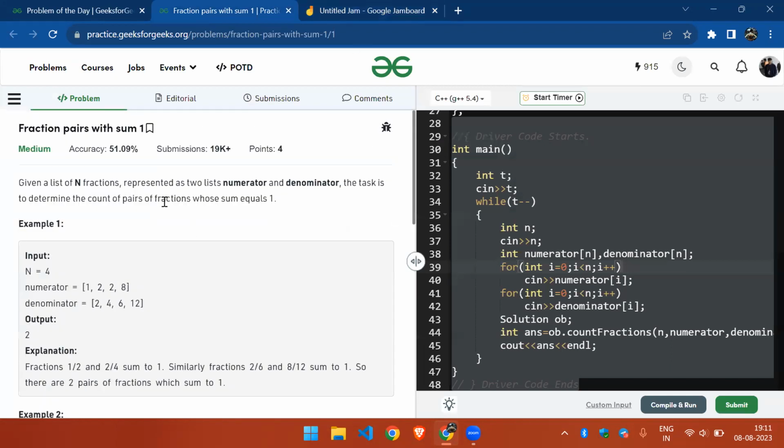So let's try implementing this approach. The intuition of this problem is that we are finding out the GCD of the numbers, since not all the numbers are in their simplest form. For example, consider 2 by 4. In order to add it with 1 by 2, we have to first reduce it into its simplest form, that is 1 by 2.